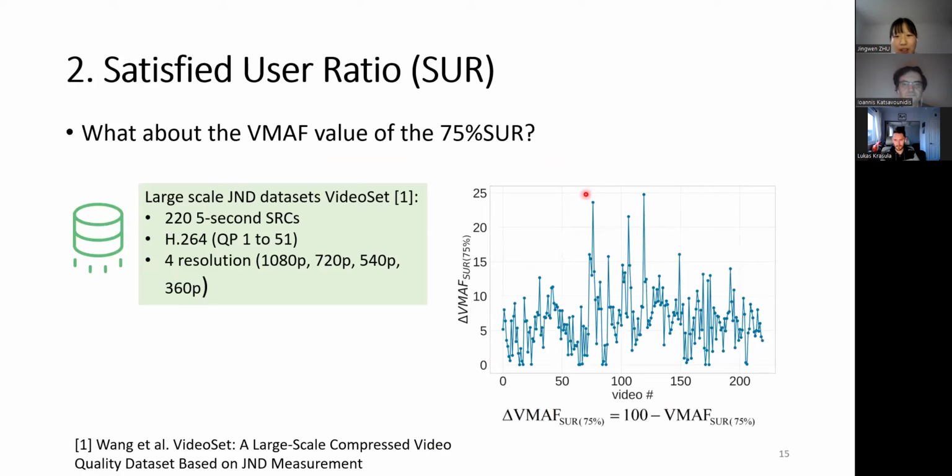This happens from a certain QP where the VMAF decreases very sharply. So for sure, for lower SUR it is content dependent, but for higher SUR, I haven't checked. I should check. If I may offer, we've never published it, but when we did a similar analysis, we actually found the opposite, Jingwen. Because of the, let's call it Gaussian approximation of that curve, if you go back to your PDF.